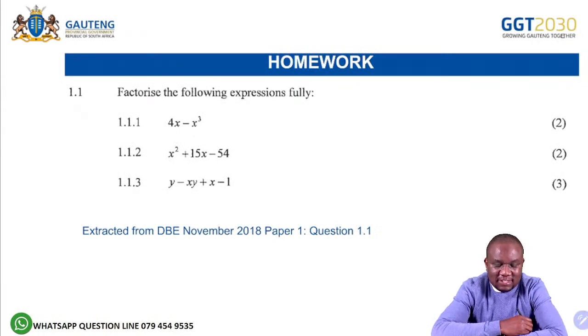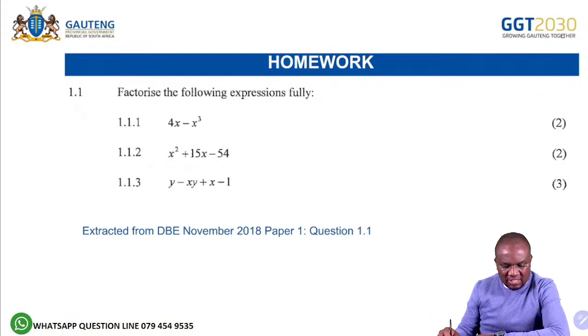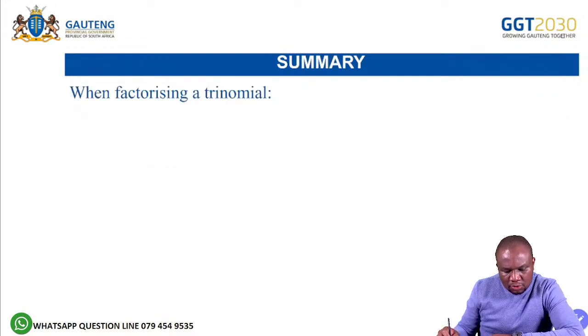Welcome back, grade 10s. Please do the homework and then you can discuss with your colleagues. You can even submit your homework for checking and make sure that you understand how we factorize those three. Right, so what did we learn when you factorize a trinomial?